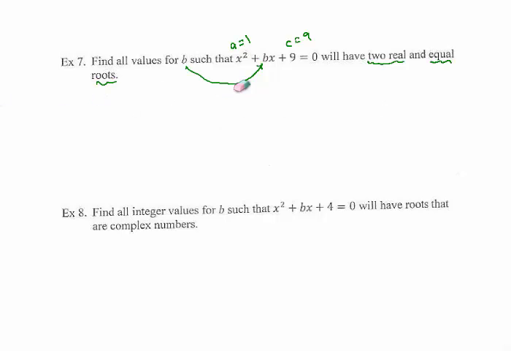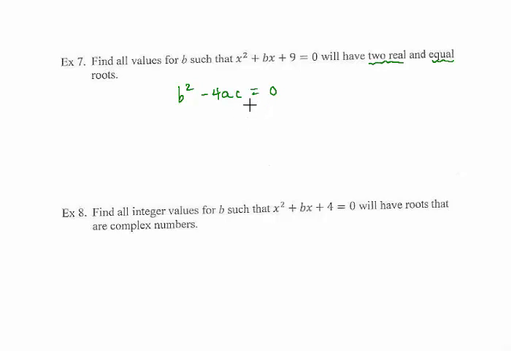Okay, so what we need to do is go back and say the discriminant is equal to 0. Okay, we're going to end up with one real number, but it's going to have multiplicity of 2. So with the multiplicity of 2, we can say it has 2 roots, but they end up being equal numbers. It's the same number.